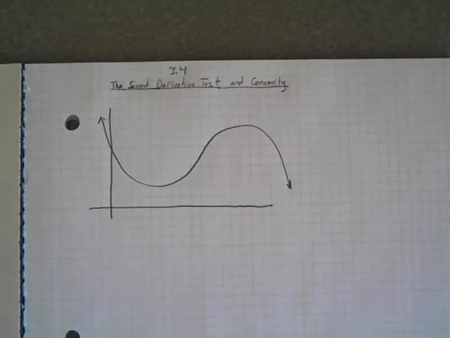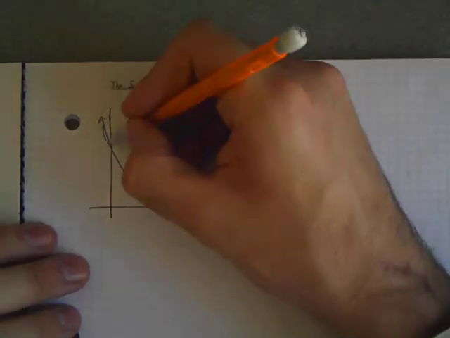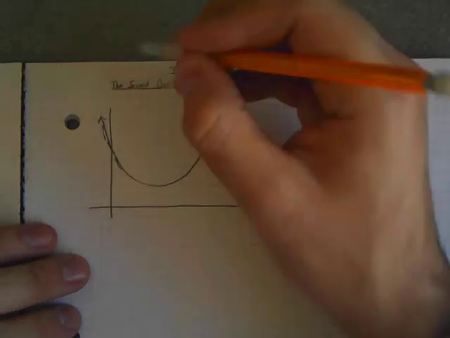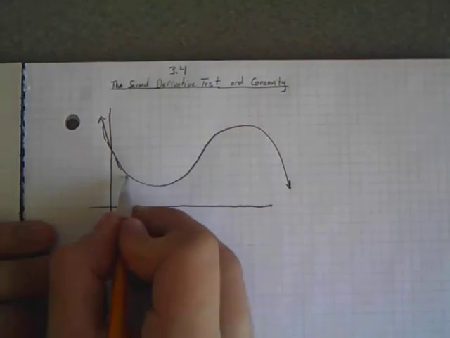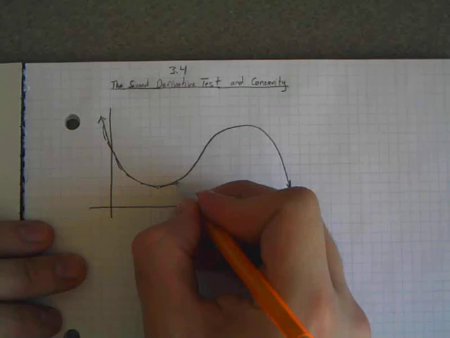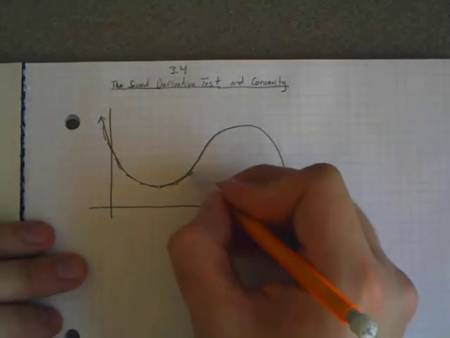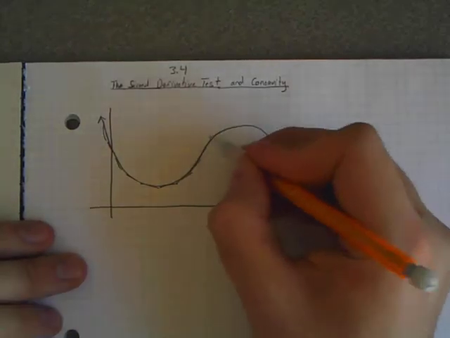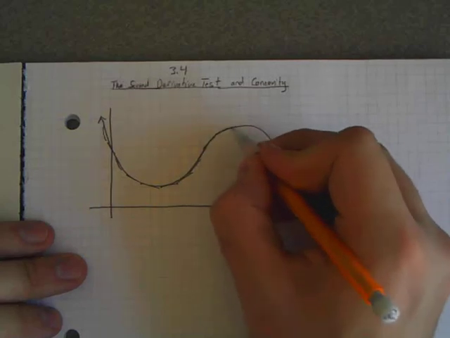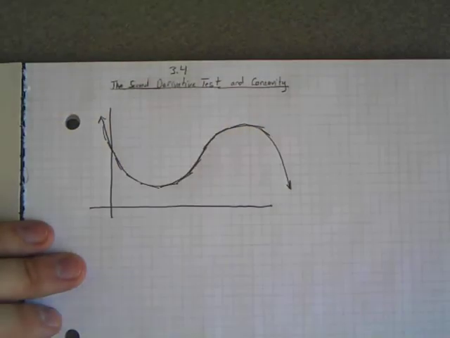Another way to think of it is with mini tangent lines. So I'm going to go around here and draw some mini tangent lines along this function. You can see my mini tangent lines at these points stay pretty much below the function until you get to a certain point where your tangent lines start to be above the function.